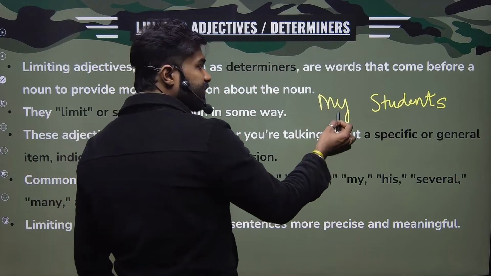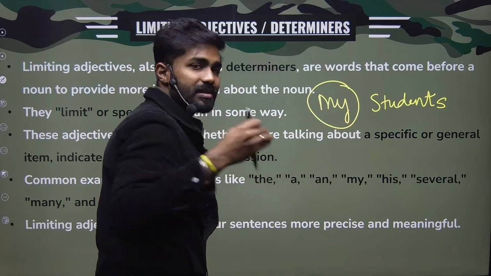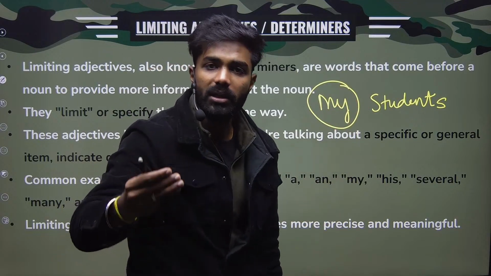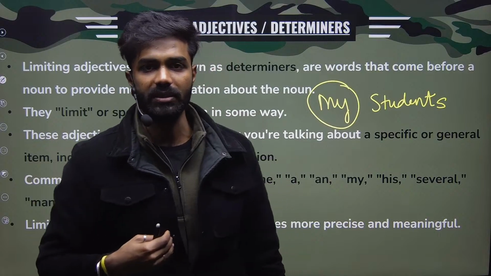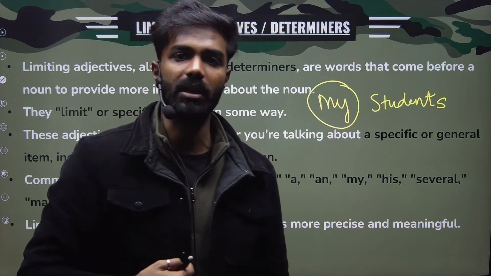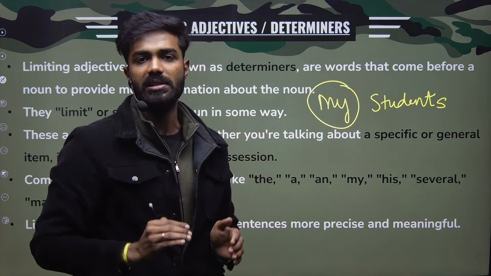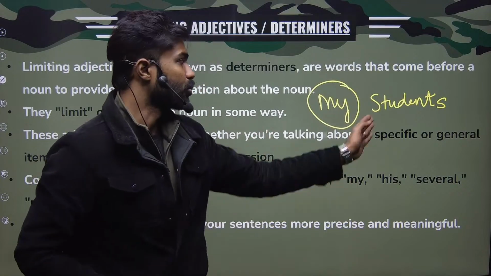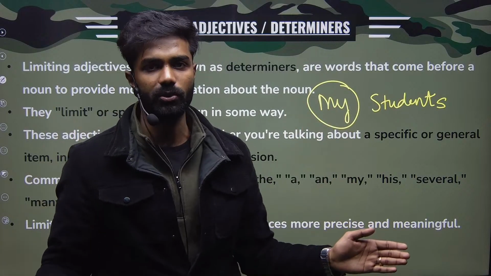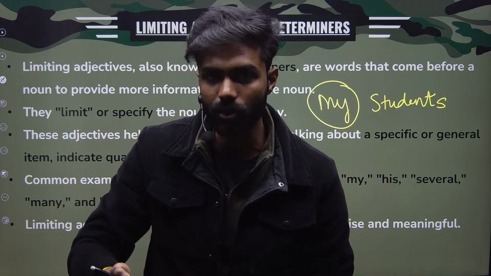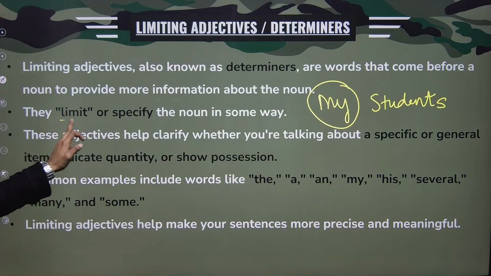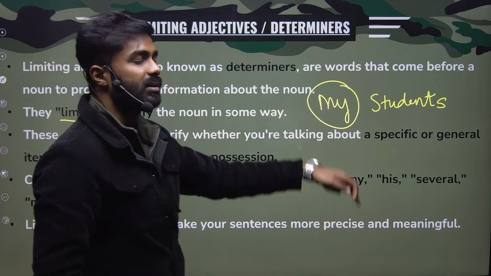Students. But if I'm saying my students, it is limited to those people only who get teachings or sessions from me. If I'm teaching particular students, only those students are called my students. Limiting. Students means commonly there are a lot of students, but if I say my student, it is limiting. They limit or specify a noun in some way.